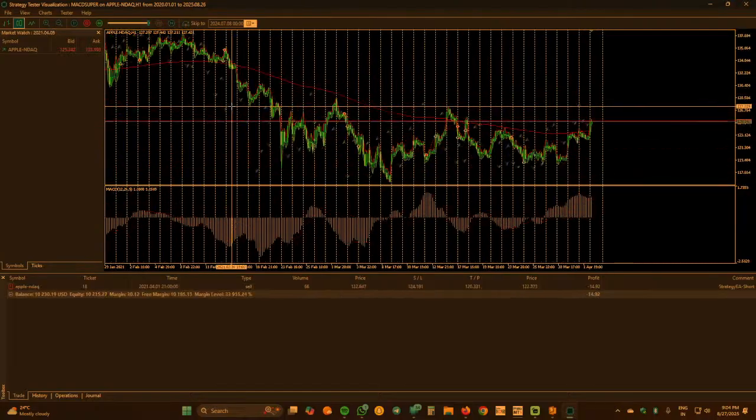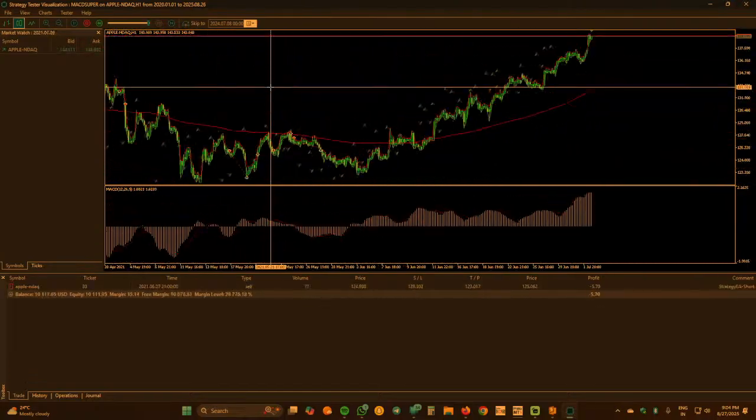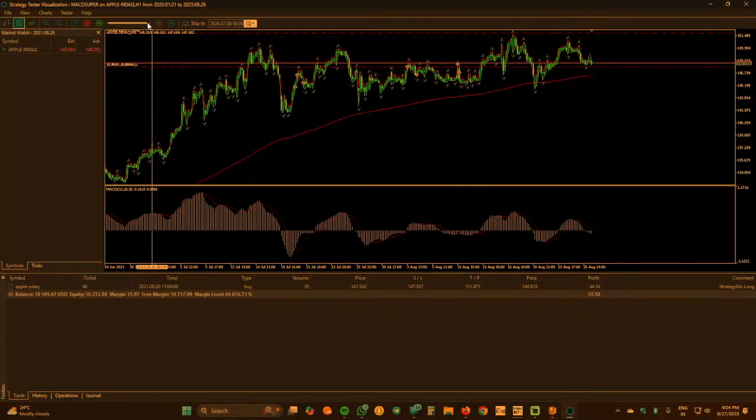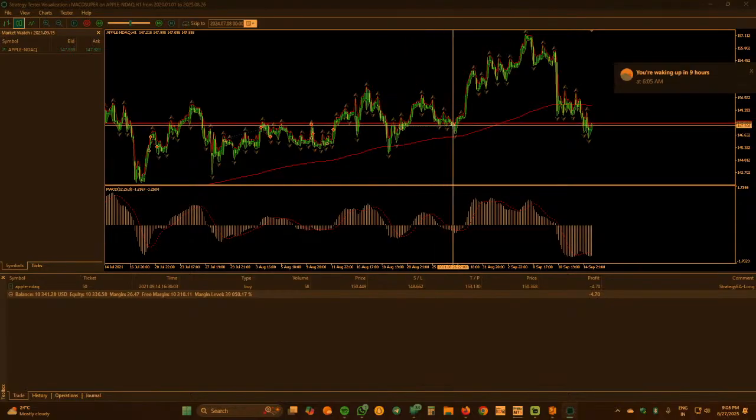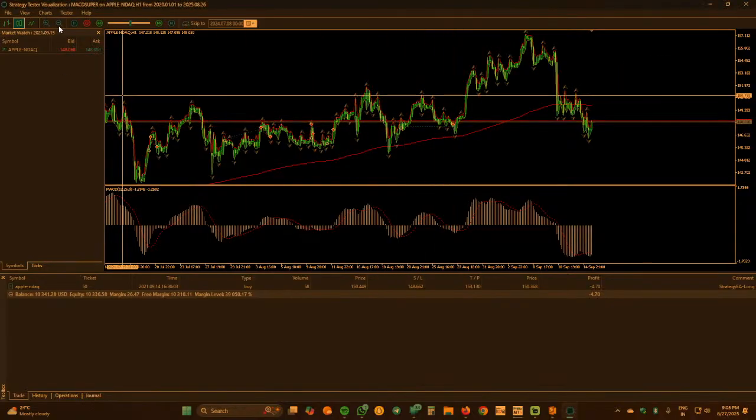Okay, here we go. It is doing its thing. Is it valid? It should be, I guess. So the stops were moved to break even.